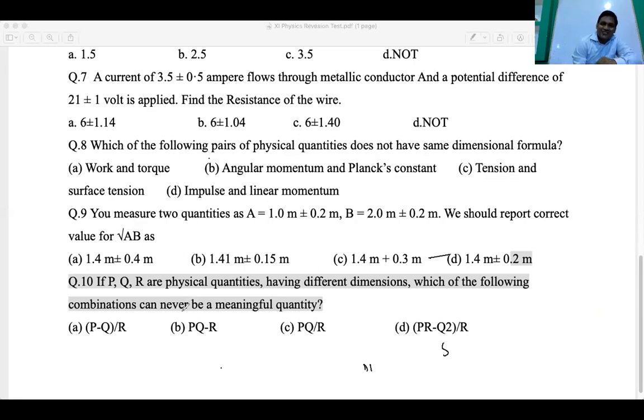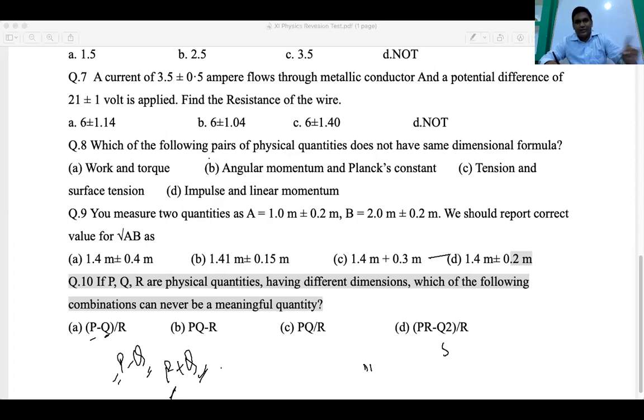Coming to it, they are saying that P, Q, R are physical quantities having different dimensions. So can we write P minus Q? No sir, not possible. It will only be possible when both have the same dimension. If you are writing P minus Q or P plus Q, it is only possible when both have the same dimensional formula.